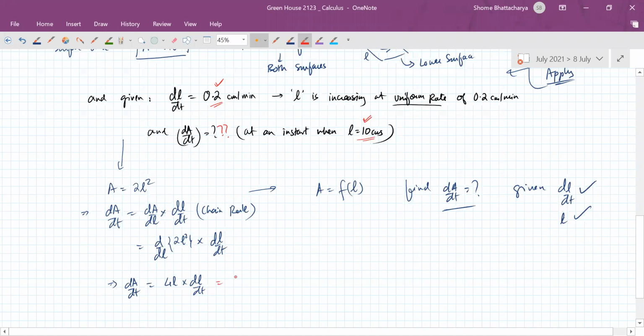So this will become 4 into 10 centimeters into 0.2 centimeters per minute. So it will become 8 numerically, and you can see the unit will be centimeter into centimeter per minute. So centimeter squared per minute. So the area is increasing at that moment at the rate of this much.